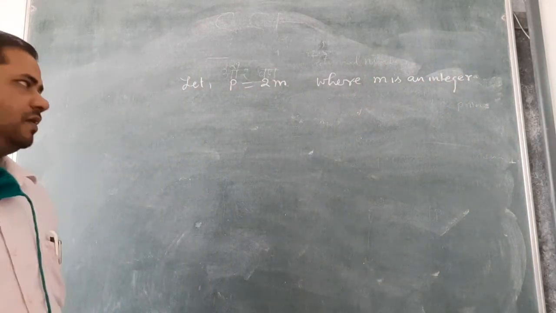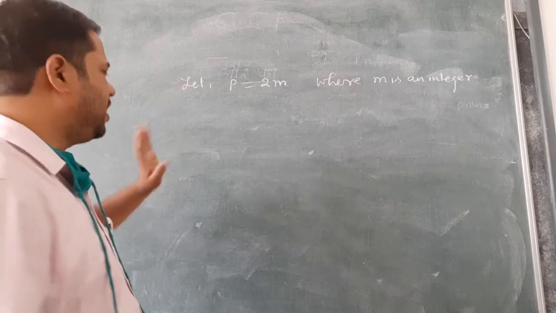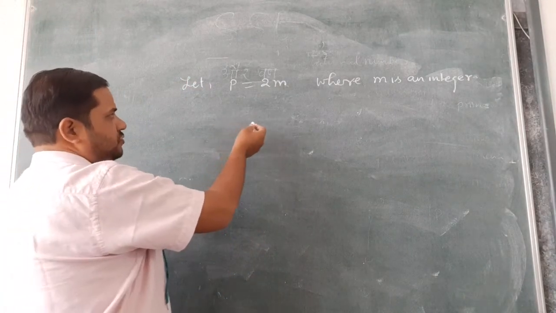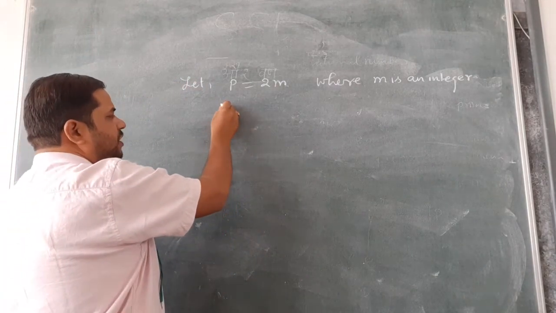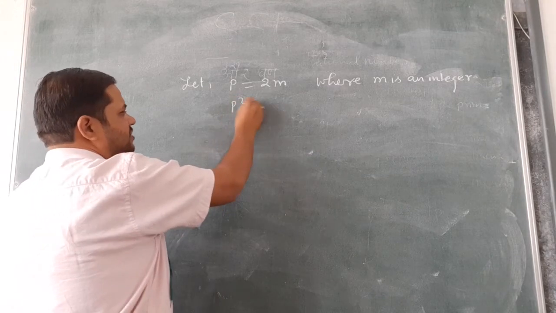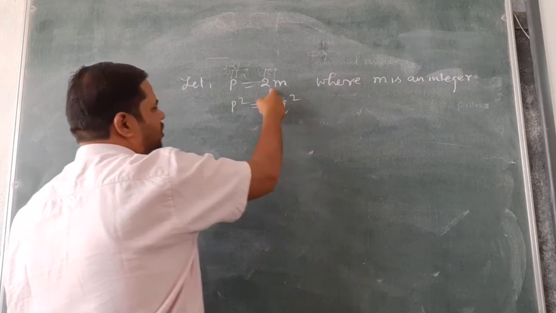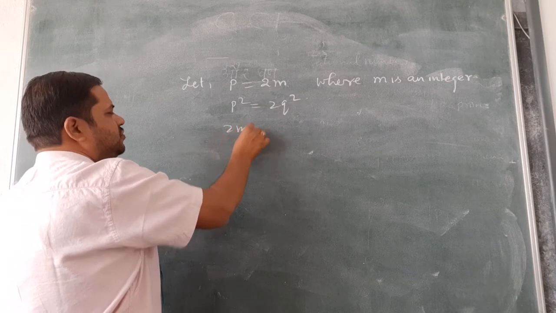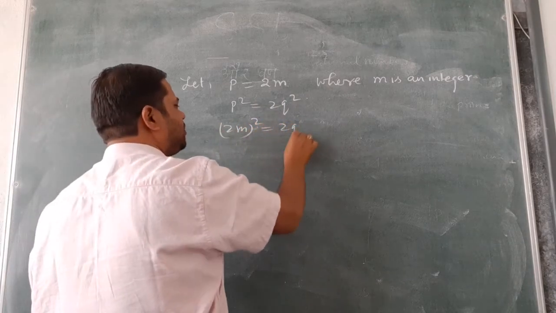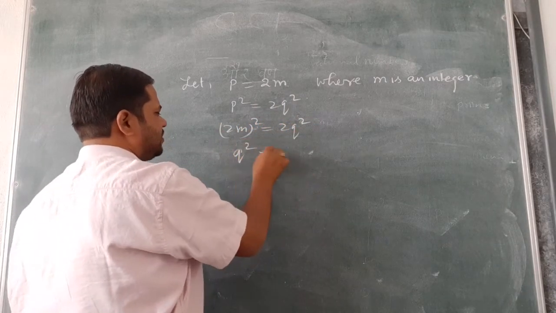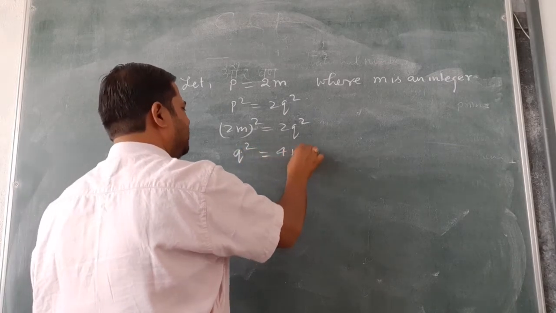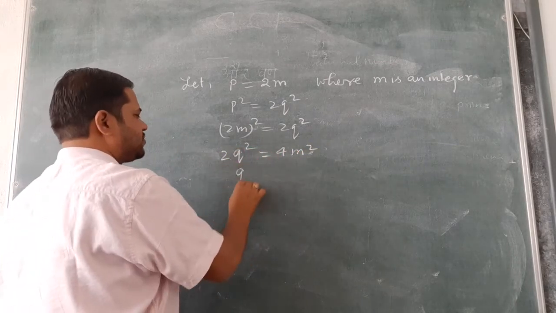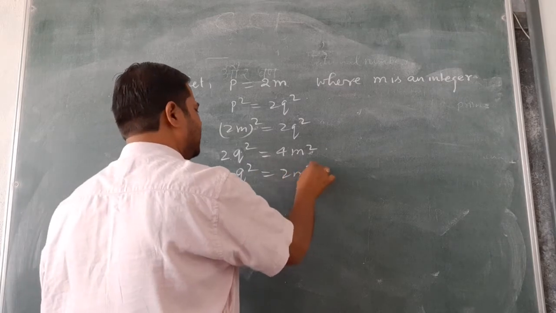If p is equal to 2m, then from the equation p square is equal to 2q square, put p as 2m. So we get 2m whole square equals 2q square. So 4m square is equal to 2q square, and then q square is equal to 2m square.